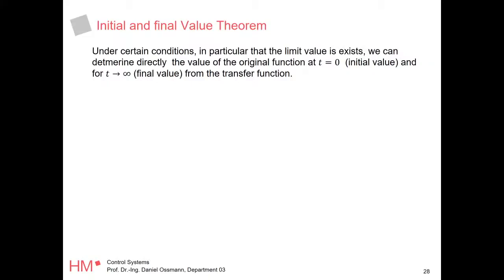We can then determine directly, from the transfer function, the value of the original function at t equals 0, which is the initial value, and for t going to infinity, which is the final value.